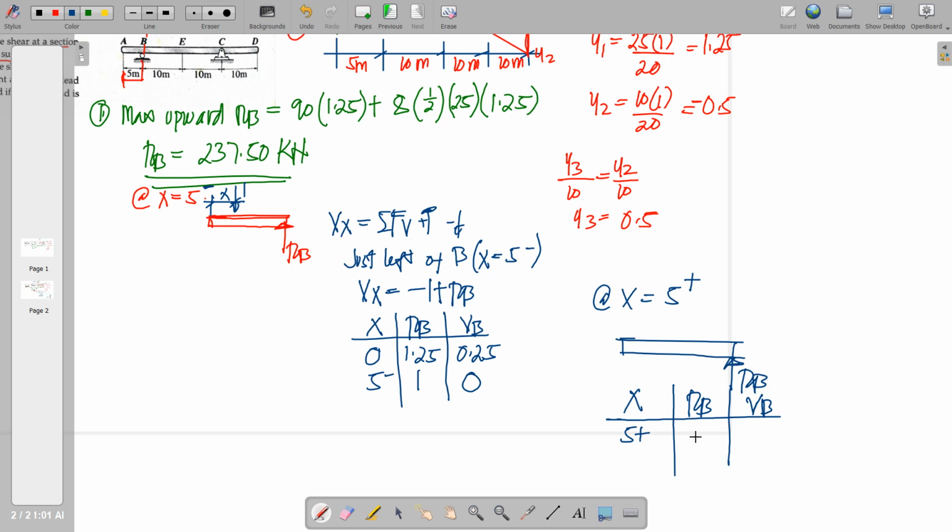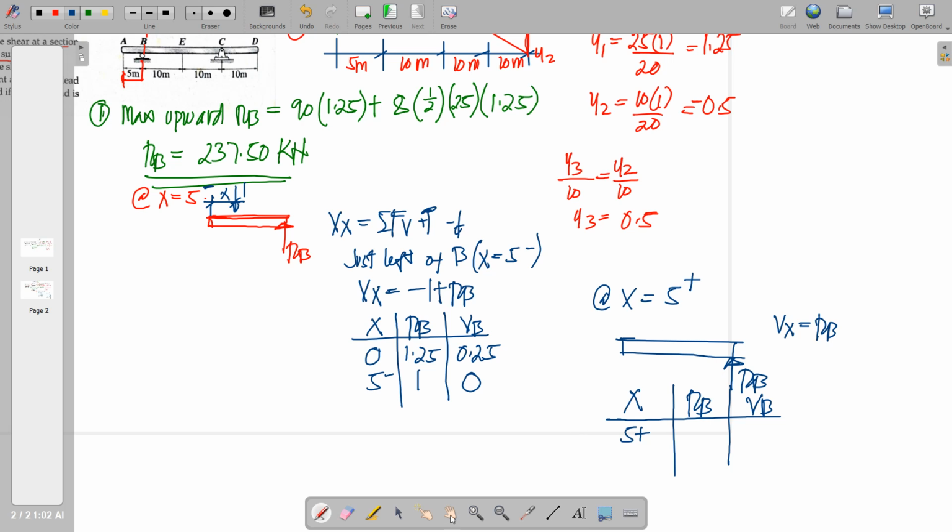If we are going to have the shear equation here, it is simply equal to RB, so there is no load in it. But this equation is applicable only when your x exceeds point B.